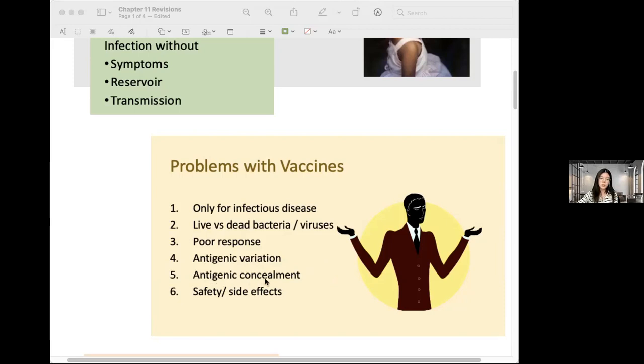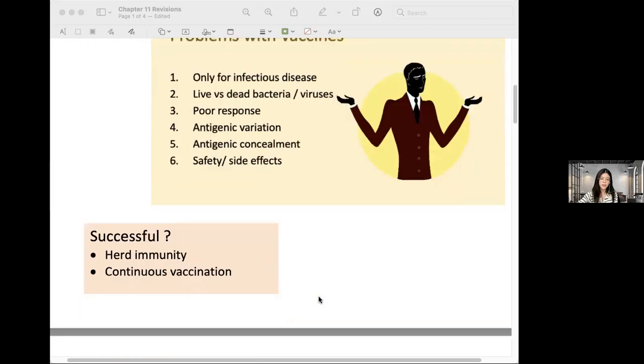Antigenic concealment. Foreign antigens are hidden away from the immune system. For example, intracellular pathogens covering their body with host antigens, and antigens in the external environment in the body. The last one will be safety or side effects.